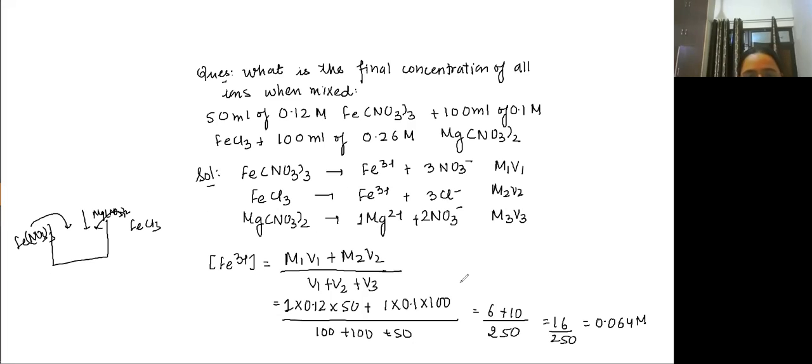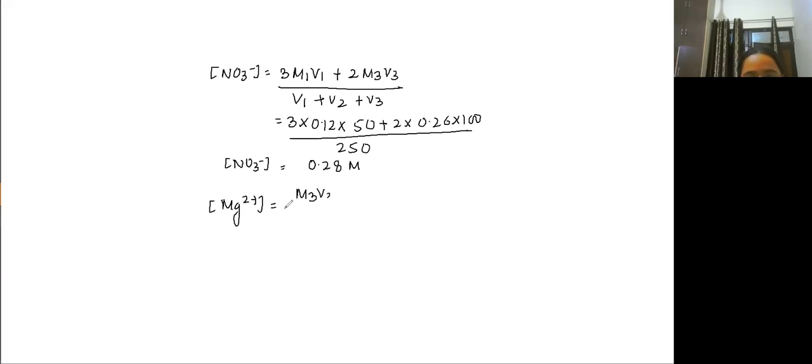So it will be M3V3 divided by V1 plus V2 plus V3. 0.26 into 100, 250. That is 0.104 molar.